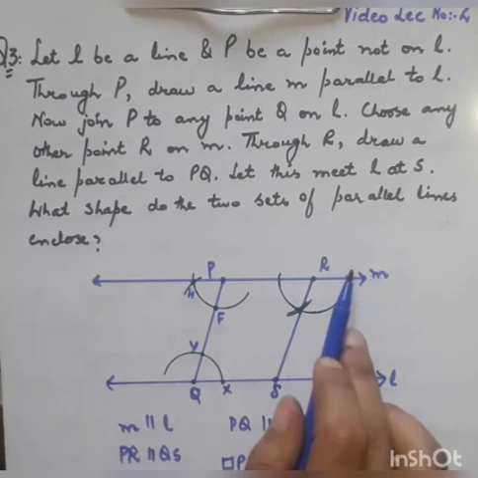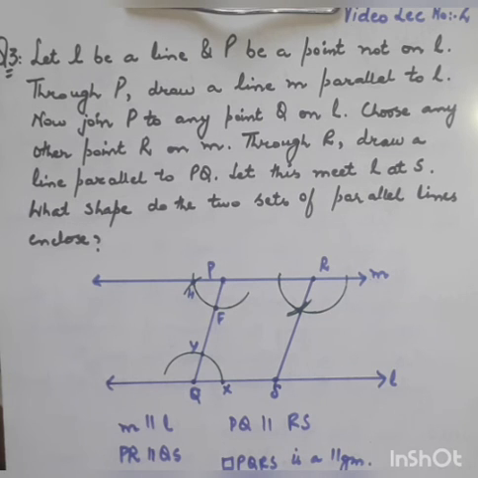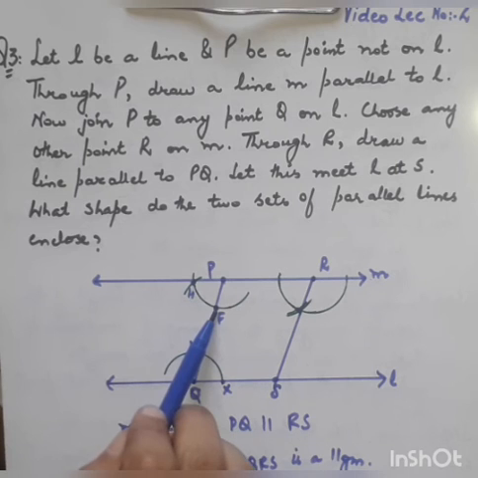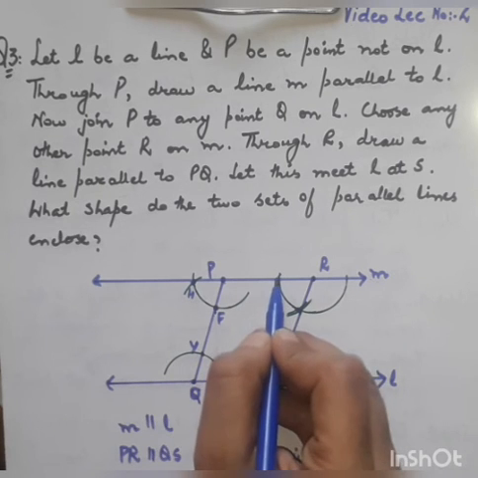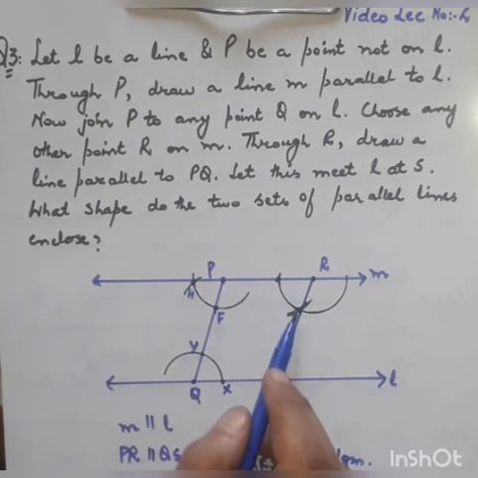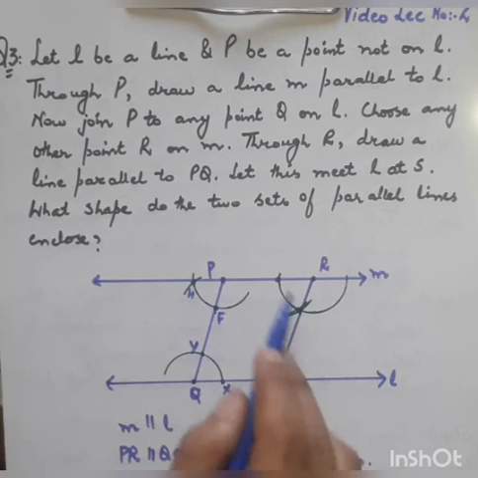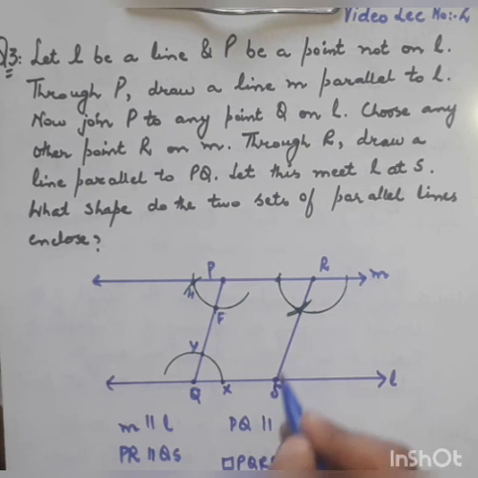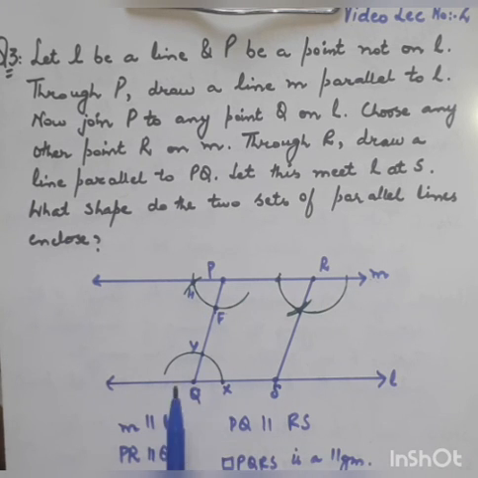Then adjust the opening of the compass equal to HF. Clear? And then with this as center, adjust the opening of the compass equal to this HF and draw an arc. Then join this point to R and extend the line. You will get RS, and then you will say PQ is parallel to RS and PR is parallel to QS. So therefore quadrilateral PQRS is a parallelogram.